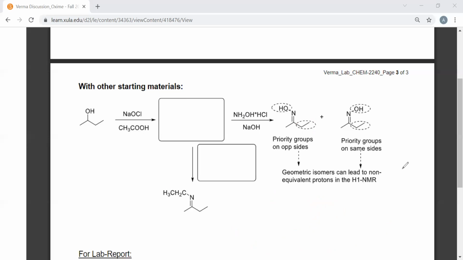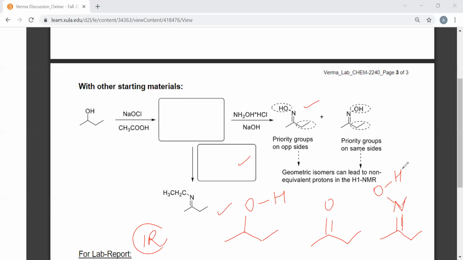You just have to worry about creating the right structure, figuring out the right kind of reagent, thinking beyond that part: how will I be able to distinguish between these structures based on IR, based on NMR, based on TLC plates if possible.